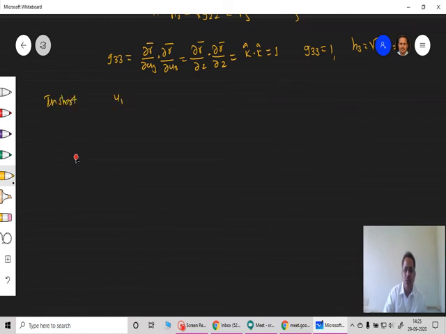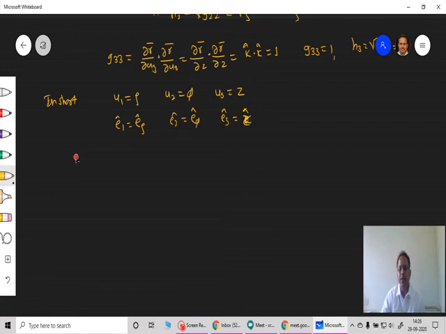Okay, u1 is rho, u2 is equal to phi, u3 is equal to z. Then e1 cap is equal to e rho cap, e2 cap is equal to e phi cap, and the third unit vector is nothing but z, k cap, or you can write e z cap. Then I have obtained H1 is equal to 1, H2 is equal to rho, and H3 is again equal to 1.